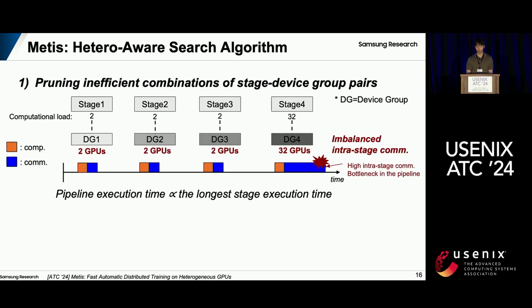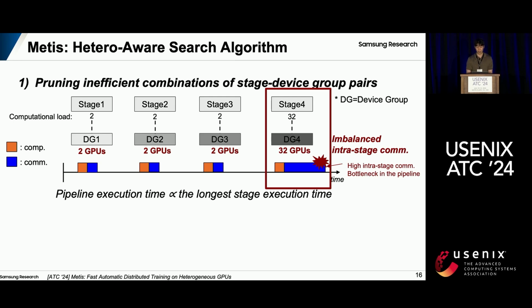To reduce the overhead of finding efficient stage and device group pairs, we harness the key fact that allocating stages to imbalanced sizes of device groups will not be the optimal solution because of the imbalanced intra-stage communication overhead. If a stage is assigned to a device group with a high number of GPUs, then the stage will have high intra-stage communication overhead.